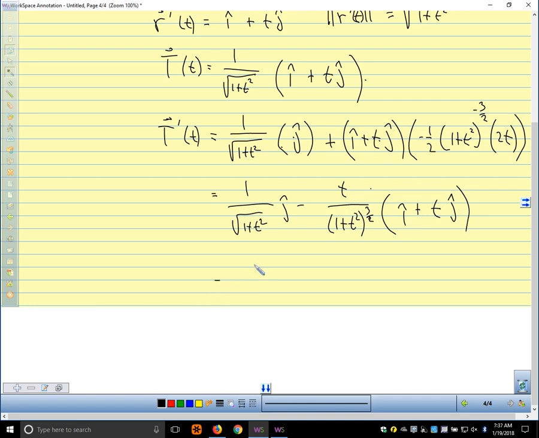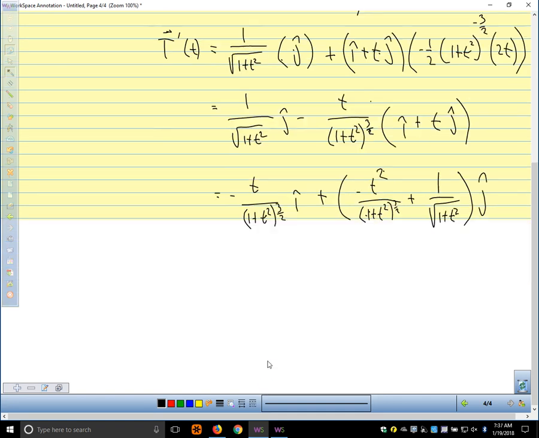So minus t over 1 plus t squared to the 3/2 i hat plus minus t squared over 1 plus t squared to the 3/2 plus 1 over the square root of 1 plus t squared j hat.